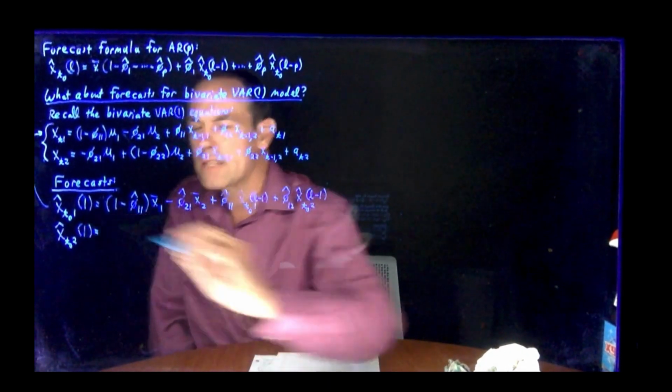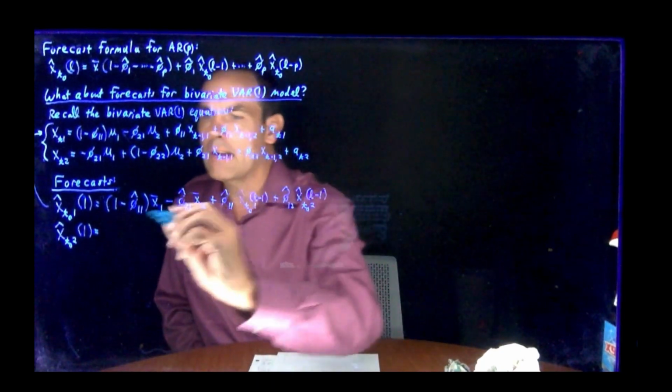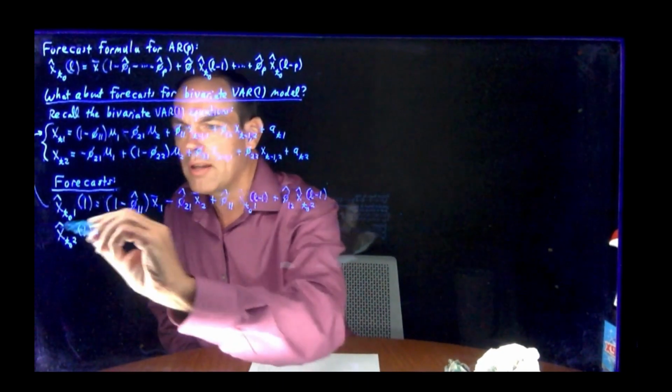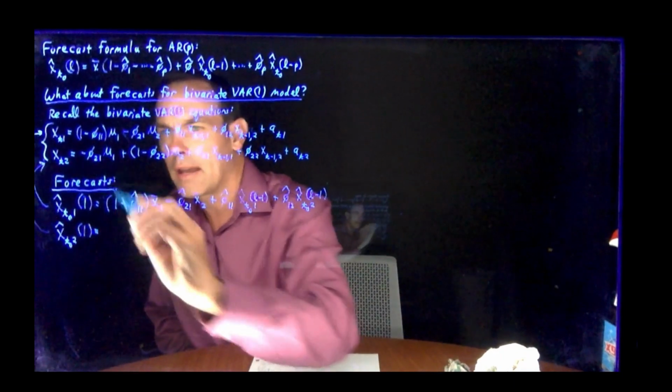Okay, let's look at the forecast for x hat of t naught 2 with a lag of 1. And we'll look at the formula here. It's going to be as follows.